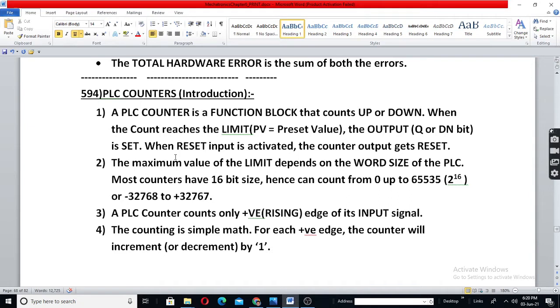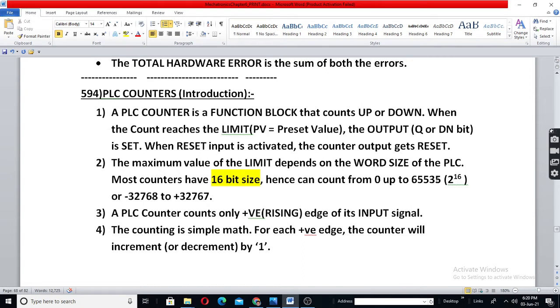A counter counts positive edges. It counts pulses, and the counting actually happens during the positive edge, the positive rise. Usually counters are of 16-bit size, so they can count from 0 up to 2 to the power of 16, which means 65,536.